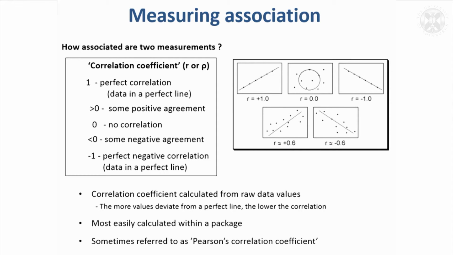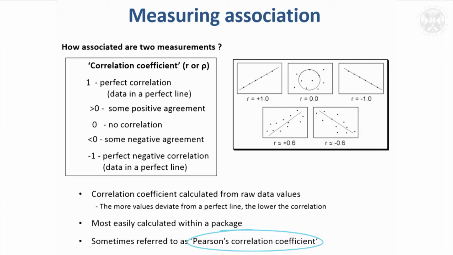Correlations can be calculated by hand, but almost certainly are better calculated in a package. The usual correlation coefficient that you calculate, which can be denoted by R or sometimes ρ, is known as the Pearson correlation coefficient.